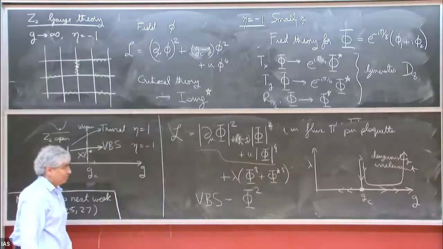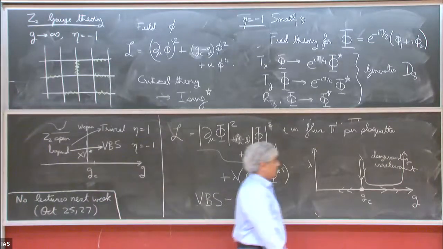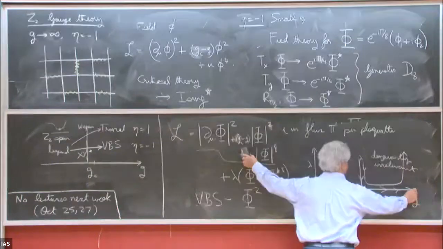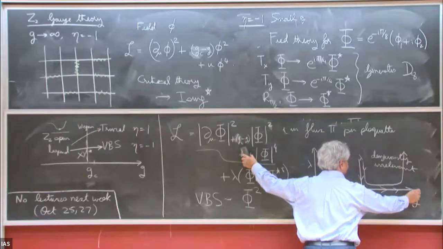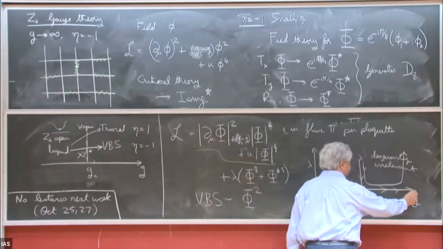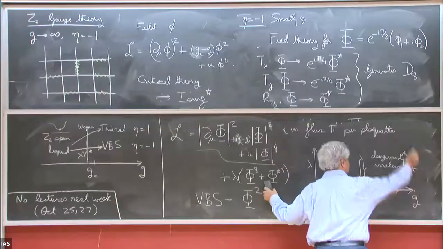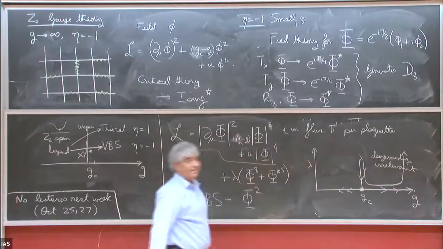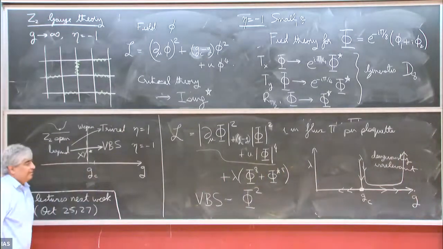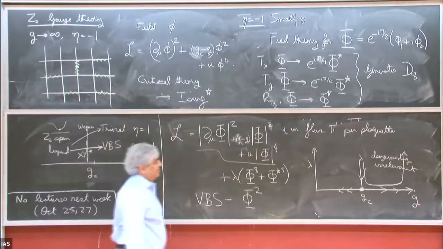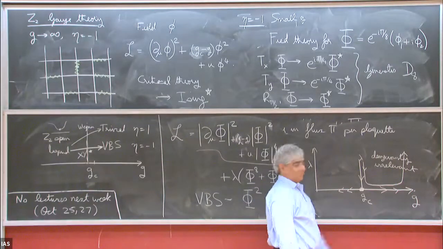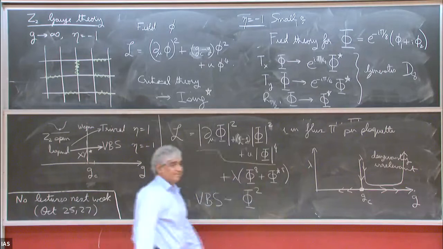That gap is for your Goldstone mode, because G equals infinity is in this language the point where you have a Goldstone mode. And for the Goldstone free field fixed point, this term is very important, close to infinity. Okay. And this is a good RG flow to keep in mind. It shows up in many places.